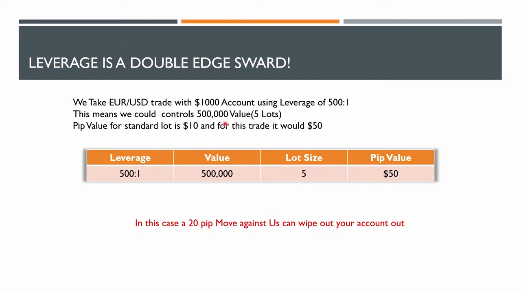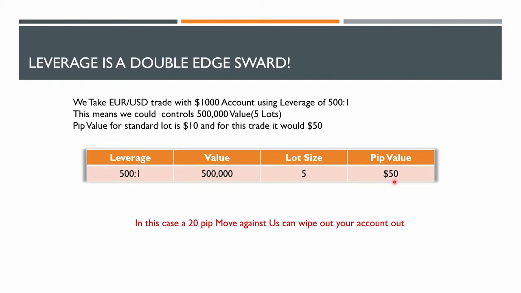The pip value, we know from the earlier pip value calculation lessons, is about $10 per pip. With 5 lots, it's about $50 per pip. So the leverage we are using is 500-to-1. We could control 500,000, the maximum lot size is about 5, and $50 is per 1 pip.